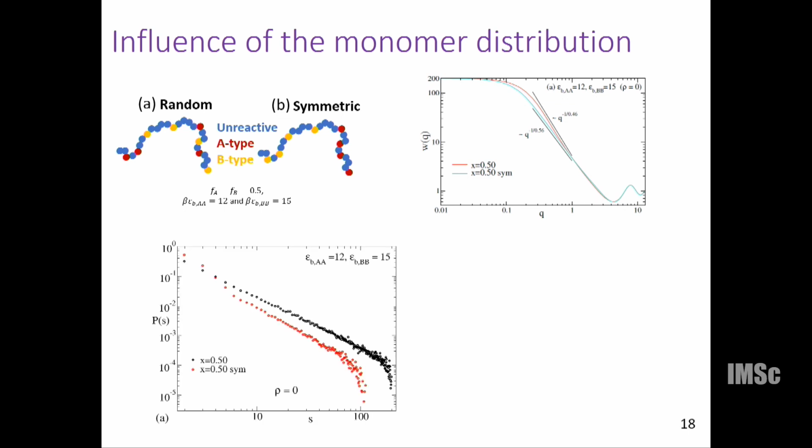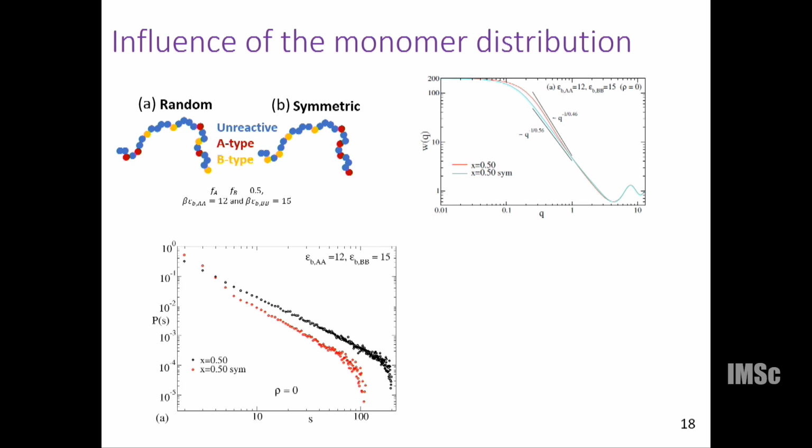So why is it happening? You can understand it again from the contour distance distributions. In the symmetric case, if the A-type monomers have to find each other, they can only form these local aggregations. They cannot form long-ranged loops. It is prohibited structurally. Whereas in the random case, such long-range loops are possible, which is also evident in these profiles.